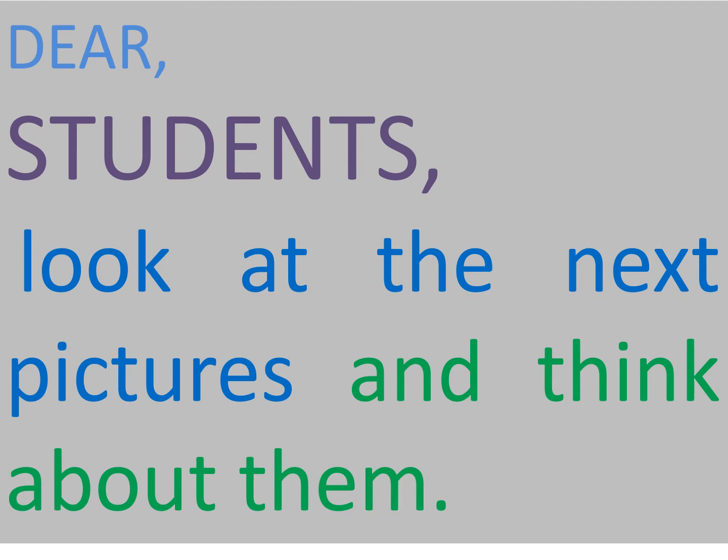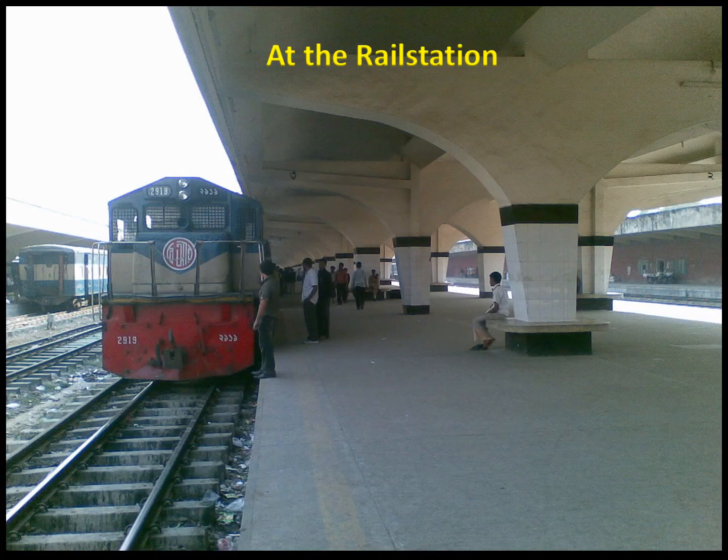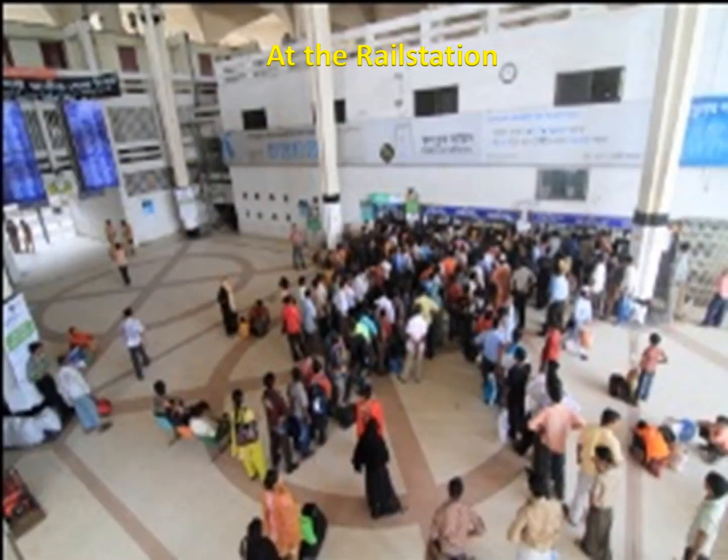Dear students, look at the next pictures and think about them very carefully. Suppose you are going through this train somewhere. So to make a journey, you will have to reach a station or rail station. From there, you will have to buy tickets and stand in a queue to get into a train.